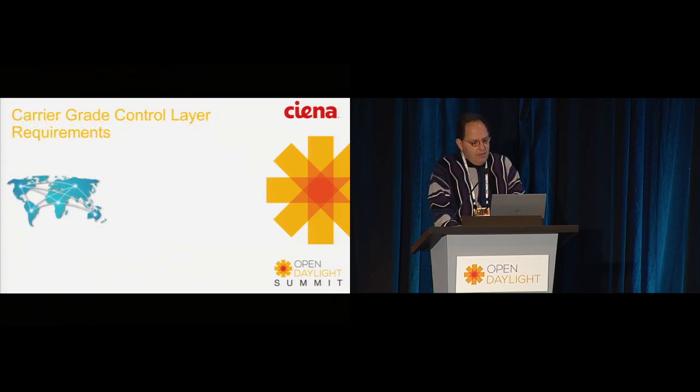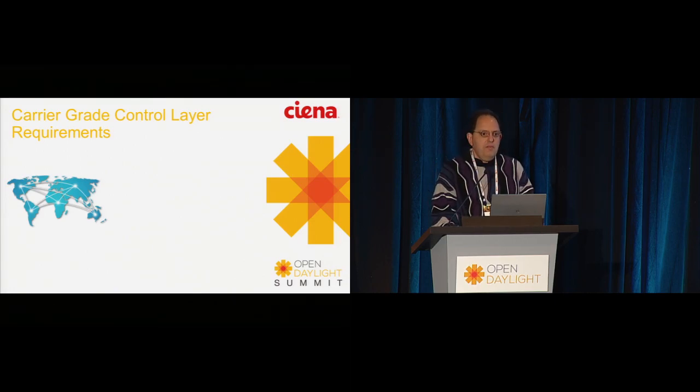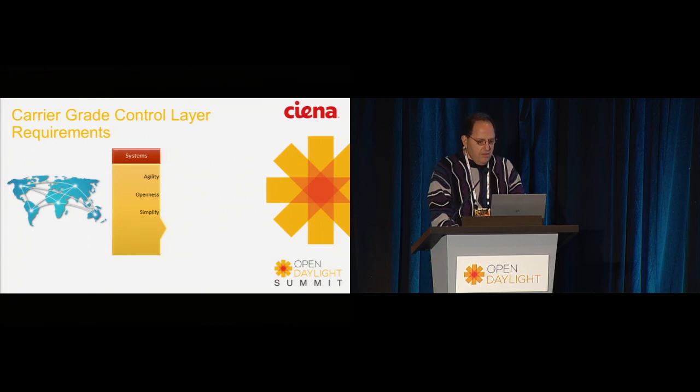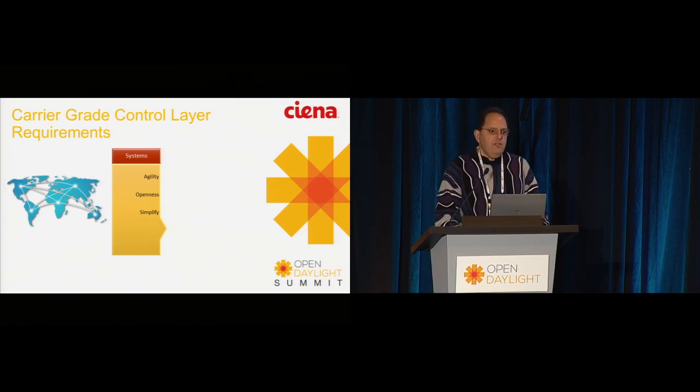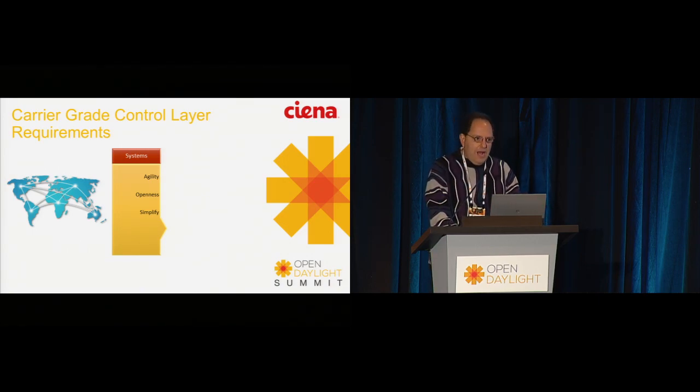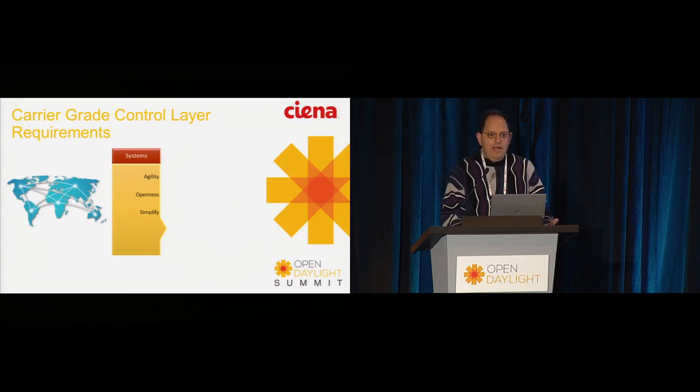So again, there are major trends that are driving SDN, and what I want to do now is just touch upon some of the requirements that we're seeing for the control layer. First of all, we're seeing the need for agility, and these are at the systems level. Openness, simplification. If you talk to most large operators, these come up high on their list.